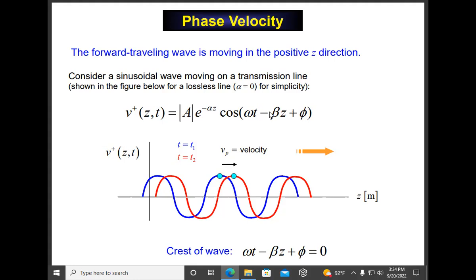The crest of the wave is the point where the whole argument of the cosine has a phase of 0, or you could say 2 pi. So I'm tracking the blue dot as I track the crest of the wave. I'm tracking the point of constant phase, hence the name phase velocity. How fast is the crest moving? The crest is a point of constant phase. That's where the terminology comes from. So think of this blue dot, the crest, moving with a velocity called Vp, which is what we call the phase velocity.